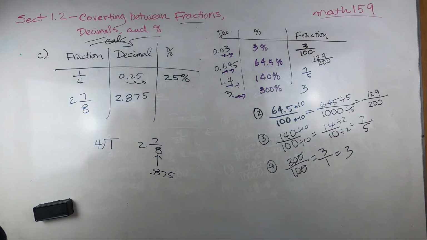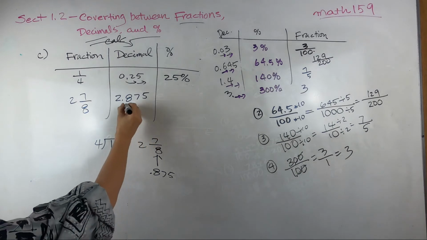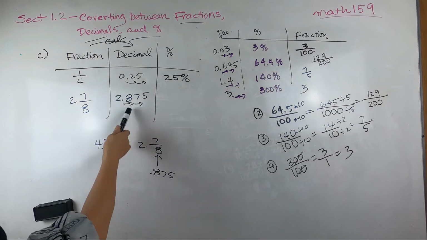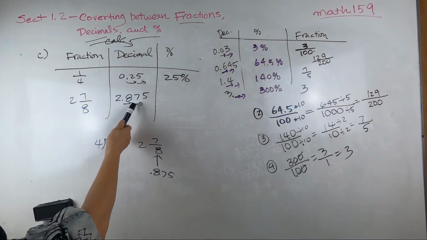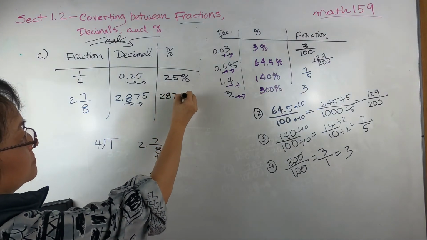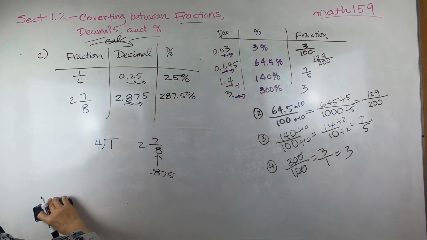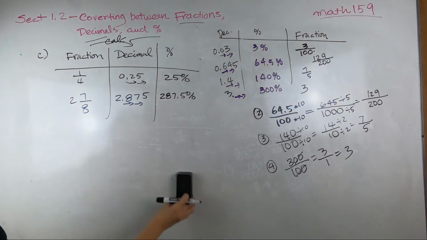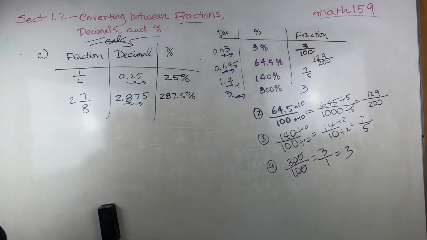Then if you change that to a percentage, you move two places to the right, the 100th place, right? So that will be 287.5. If you practice your homework and refresh it, then you'll be okay.